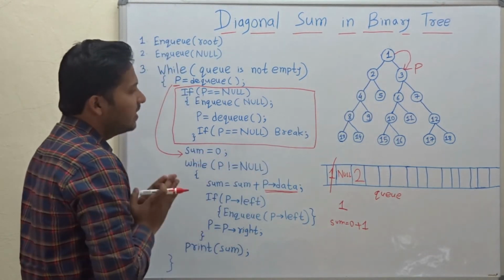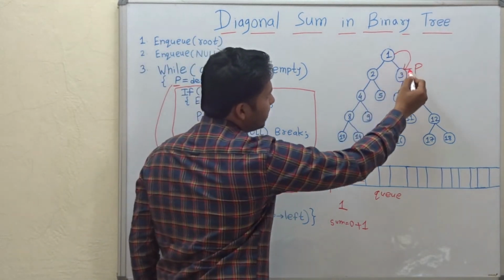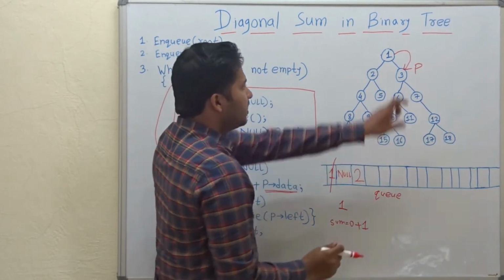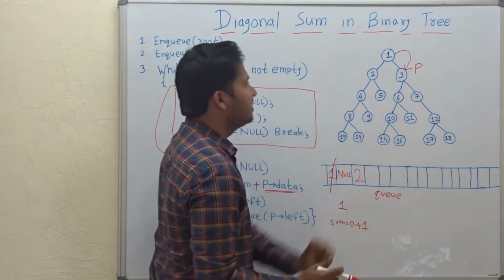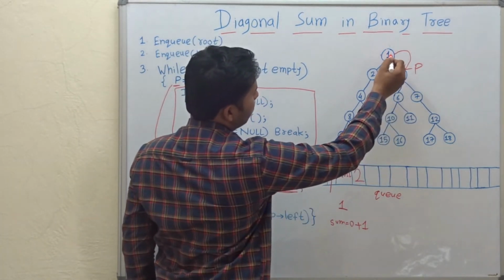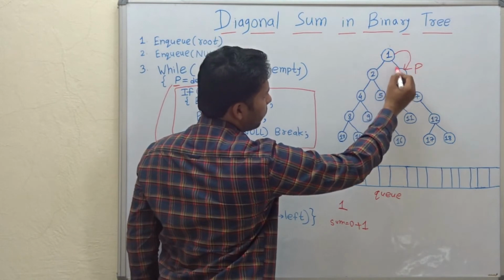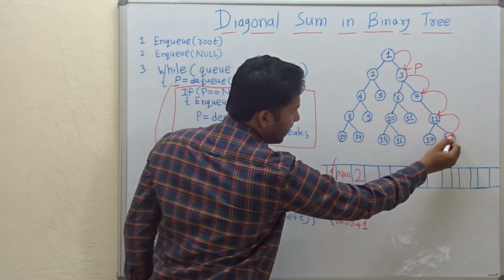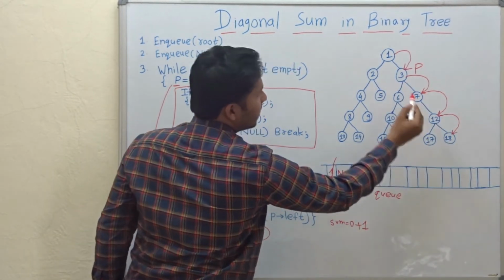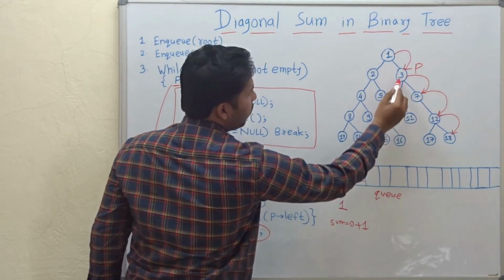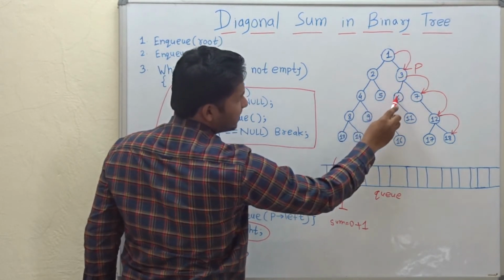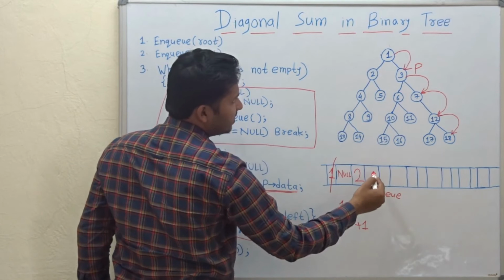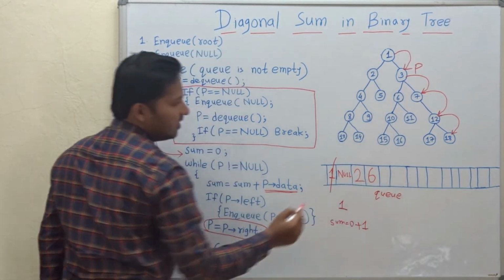So the summary is that you have to keep jumping to the right node of every node, but while traversing this right child series. So for root 1 or for node 1, the right child series is 1, 3, then 7, then 12, and then 18. While going through this, if you have the left child for that node, means for 3 there is a left child 6, then you should enqueue that left child in the queue. So we will enqueue that child.